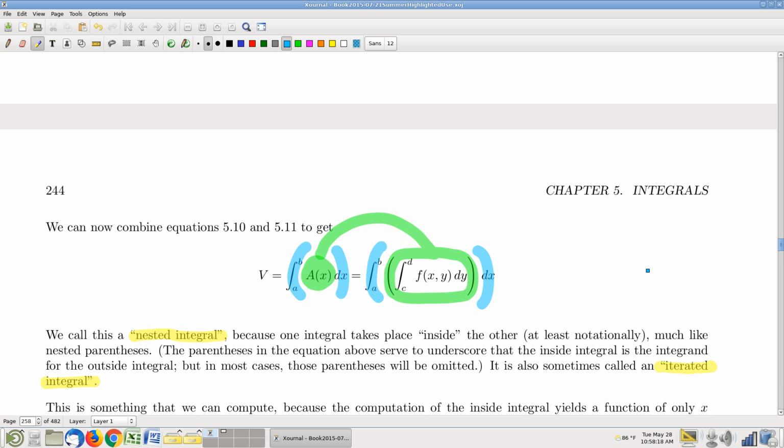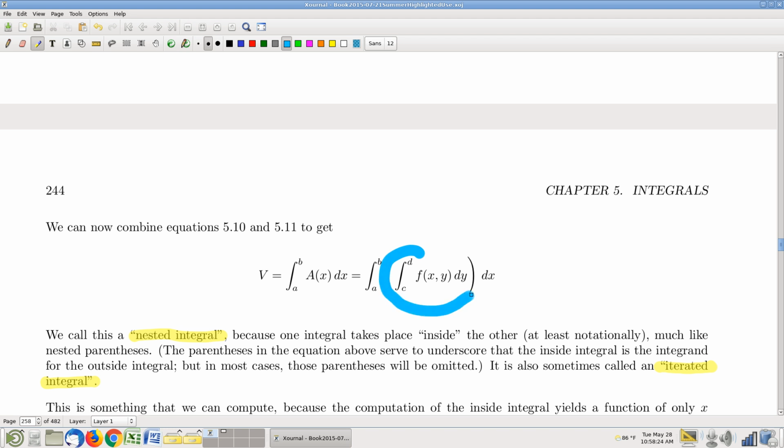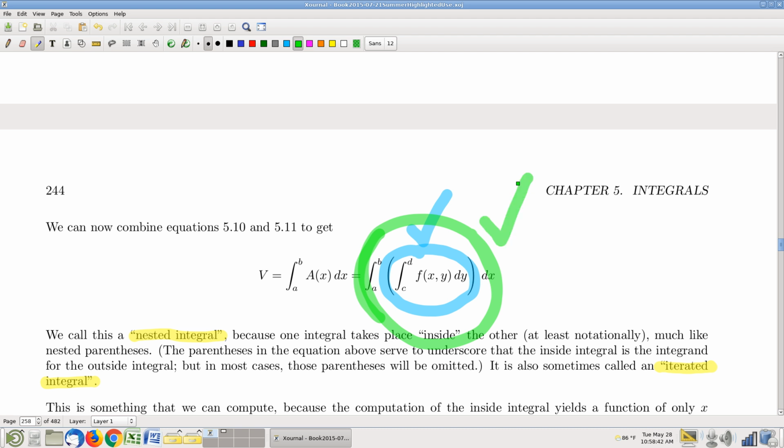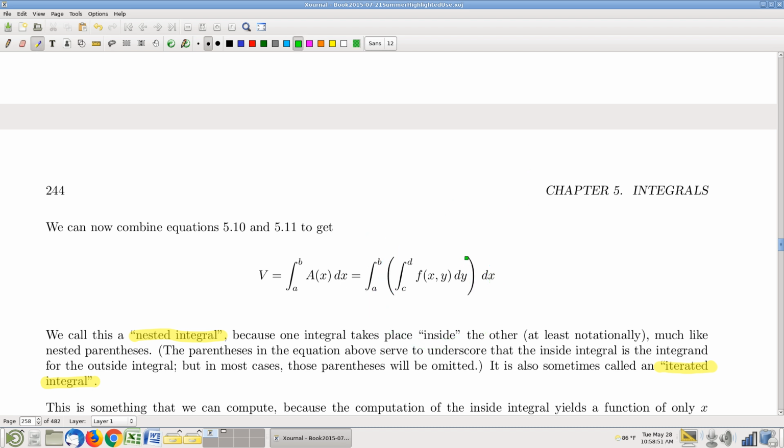But there is something really nice about this result: this is a single variable integral, and I know how to compute single variable integrals. We have a fundamental theorem of calculus for single variable integrals, the result of which gives me the integrand for that outside integral, which is also a single variable integral, computed again with the fundamental theorem of calculus. So this, slightly weird though it is, is directly computable easily.